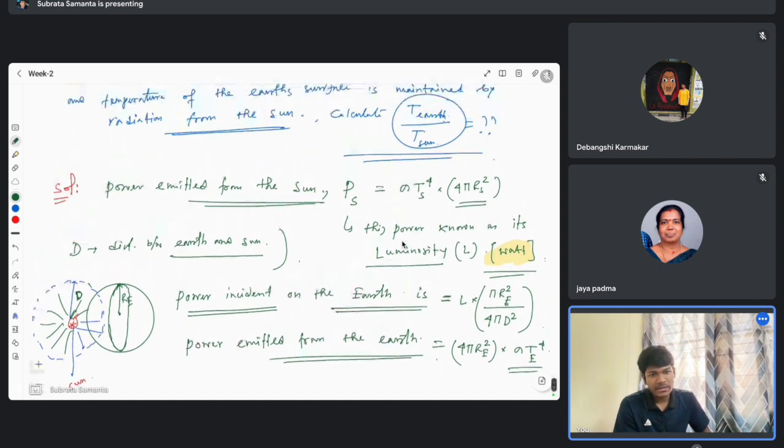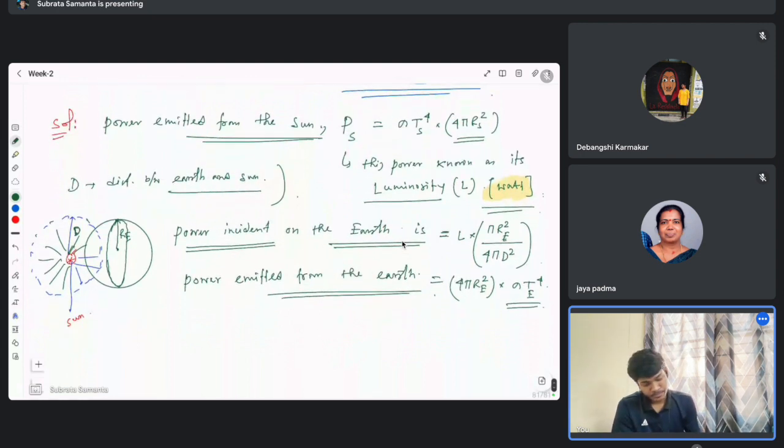So both Earth and Sun have a uniform temperature. So this power incident and power emitted are equal.